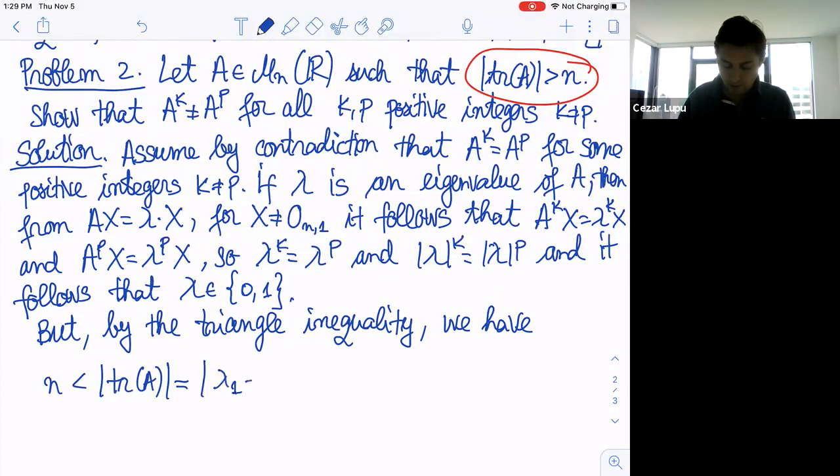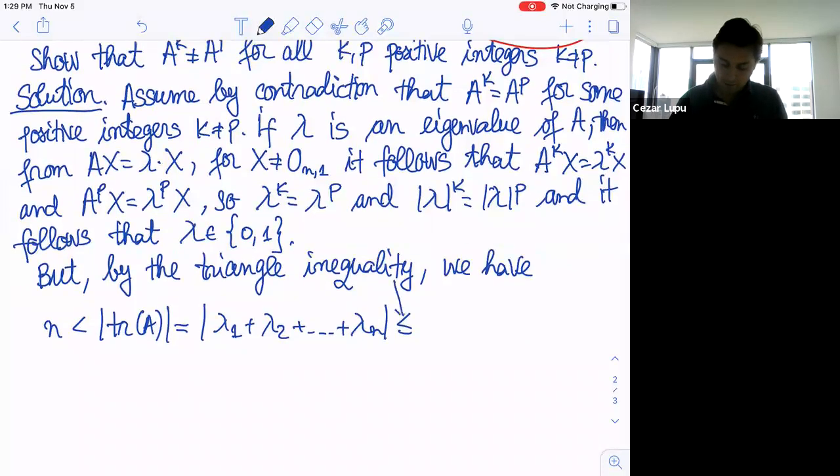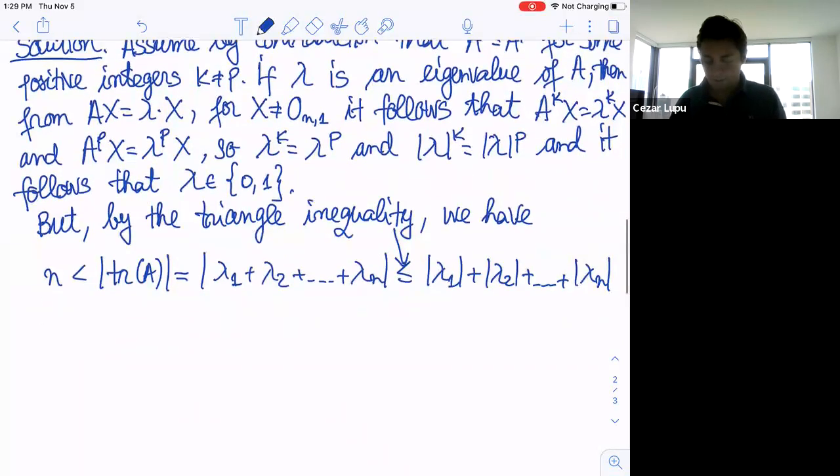So this will be lambda 1 plus lambda 2 plus lambda n. It'll be less or equal by the triangle inequality. So here I apply the triangle inequality, then the absolute value of lambda 1 plus the absolute value of lambda 2 plus the absolute value of lambda n, right? But these guys are just 1, 0, and 1. So this will be definitely less or equal than n. This is a contradiction.